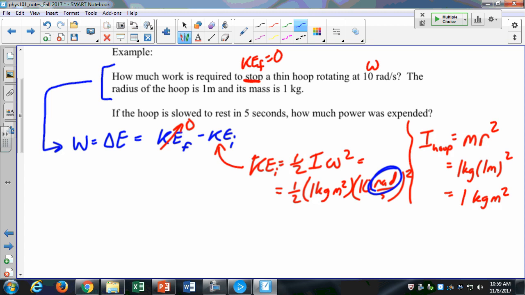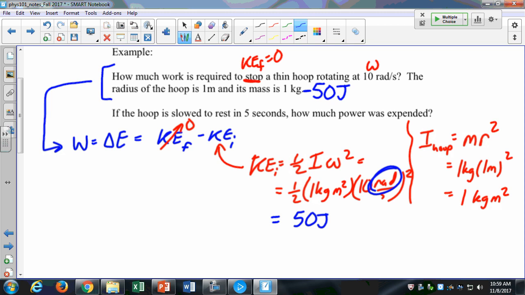It's really only when you're using those kinematics equations that it doesn't really matter. So this is going to be half of 100, which is 50 joules. So the answer here is that I have to do 50 joules of work. I actually have to do negative 50 joules of work in order to stop this hoop.